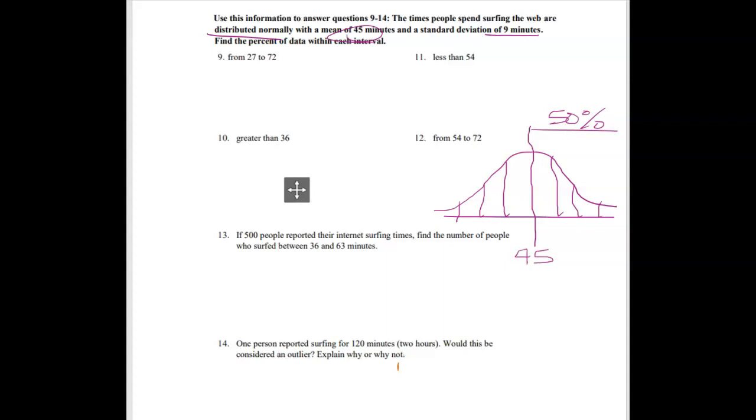So when you go forward, you add. When you go backwards, you subtract. So 54 plus 9 plus 9. Go backwards, we'll subtract.